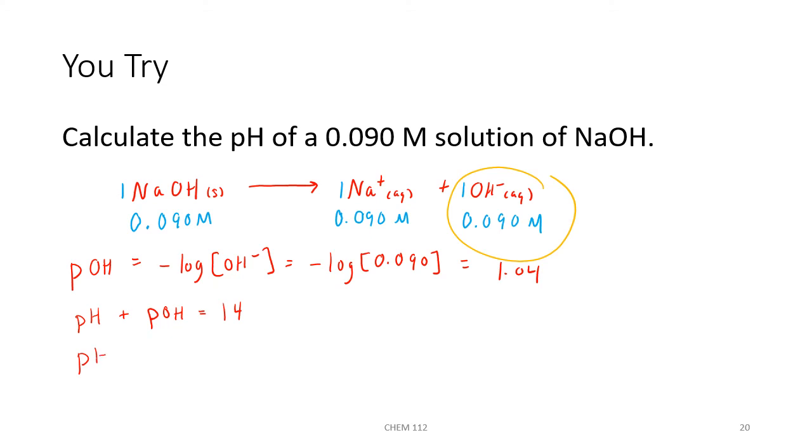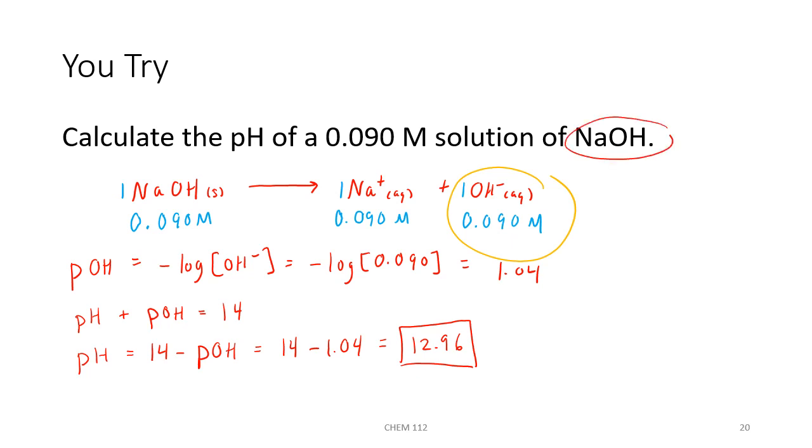Our pH will be equal to 14 minus the pOH of the solution. So we'll have 14 minus 1.04. That gives us a pH of 12.96. We should expect a value like this because sodium hydroxide is one of the strong bases. So we should expect a very, very high pH. We got a pH that was greater than 7, therefore the solution is basic.